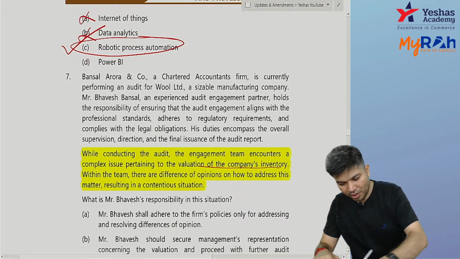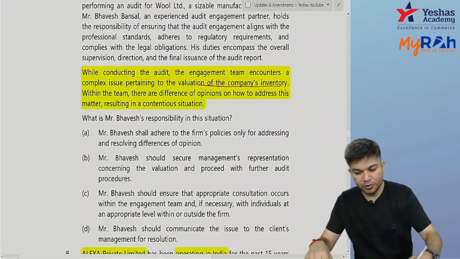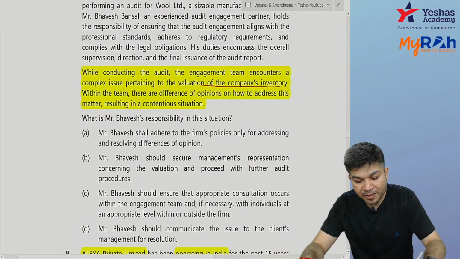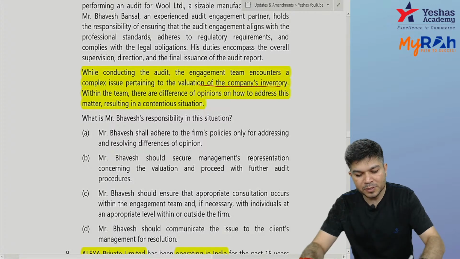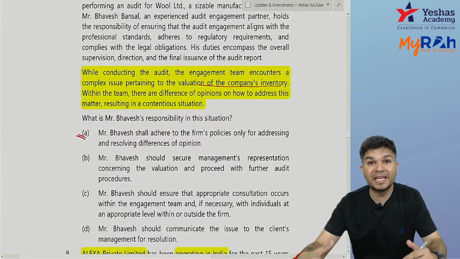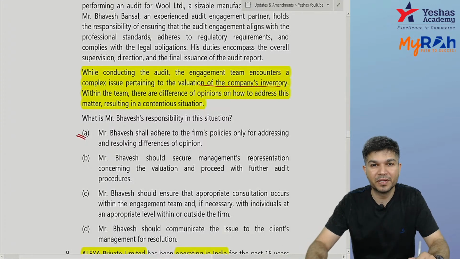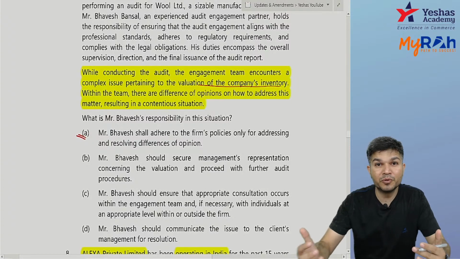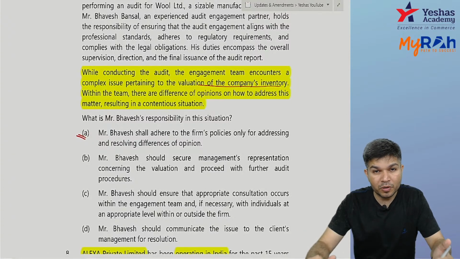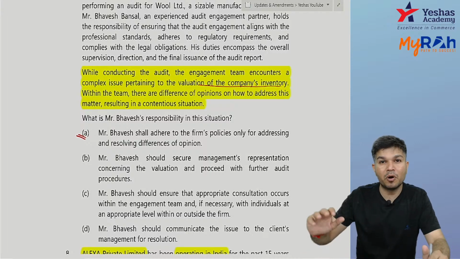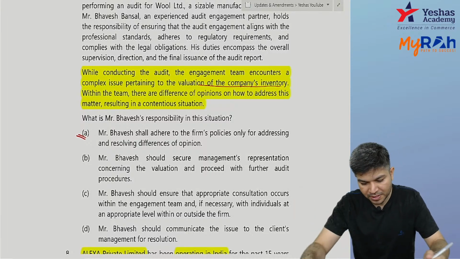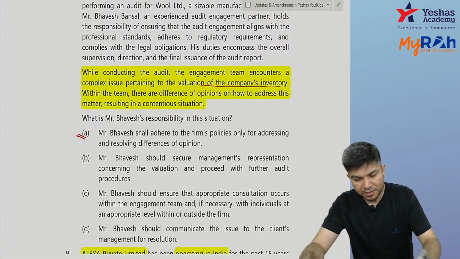So how to address the situation? You should adhere to the firm's policy for addressing and resolving differences. This is when there is a difference with the engagement quality control reviewer. If you had a dispute with the engagement quality control reviewer, then you take help of the firm's policy. Here, that is not applicable.